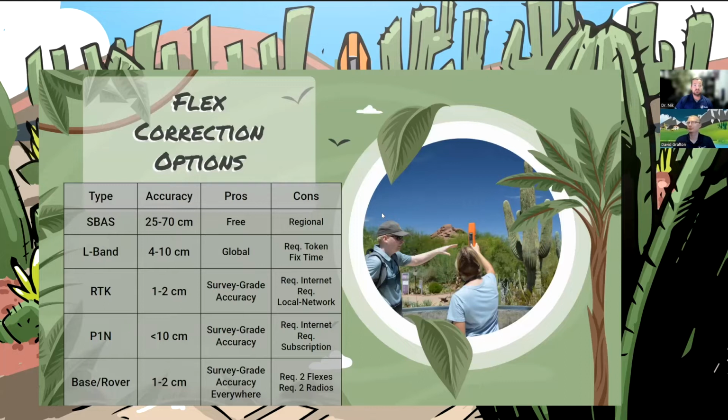All right, and so continuing with the Flex, we mentioned that it is flexible in the type of accuracy, right? Well, these are the types of correction, so the ways that the Bad Elf Flex can be accurate. If you are unfamiliar, GPS or GNSS, Global Navigation Satellite Systems, listens to radio signals emitted from satellites in space that give a position.